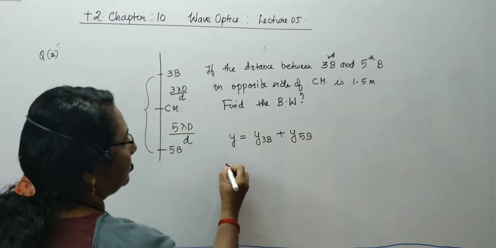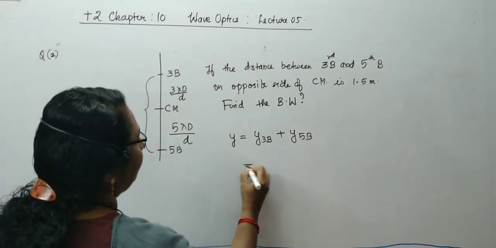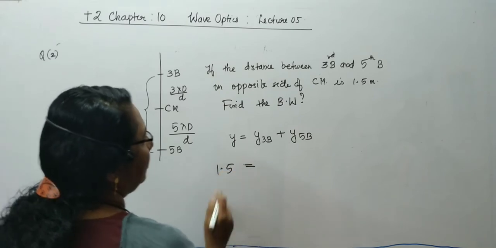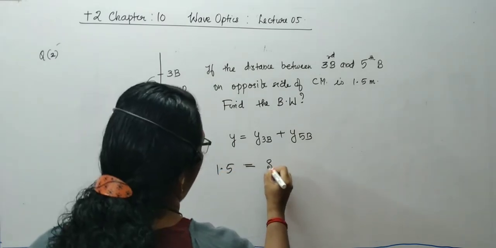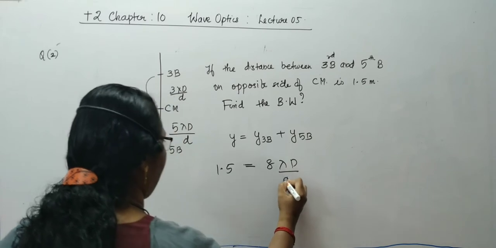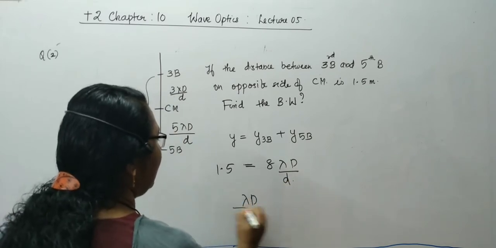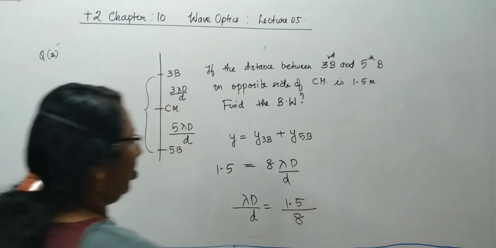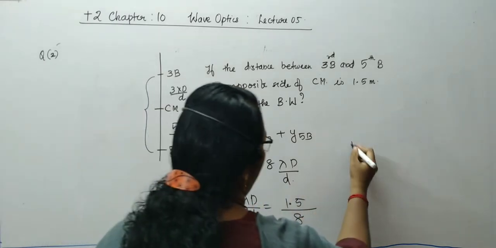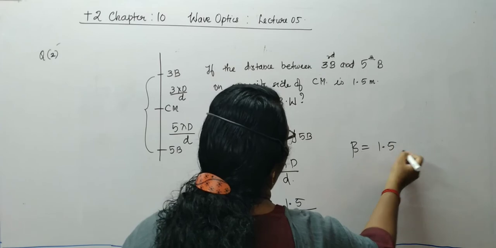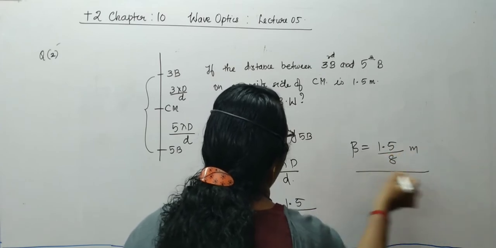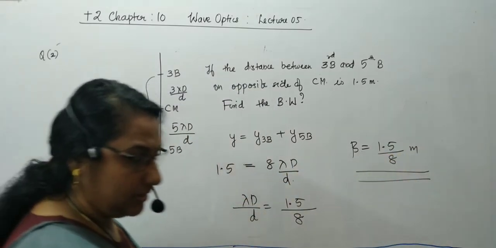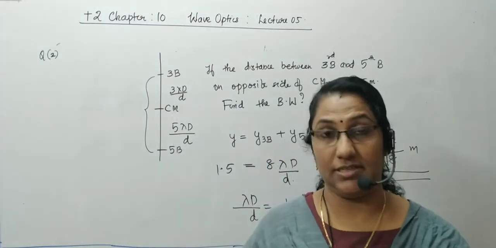We can write 1.5 meter is equal to 5 plus 3, 8 lambda D by d. So what is lambda D by d? Lambda D by d is equal to 1.5 by 8. That is the bandwidth. So 1.5 by 8 meter will be the bandwidth. Clear? So these are the special types of questions related to interference.